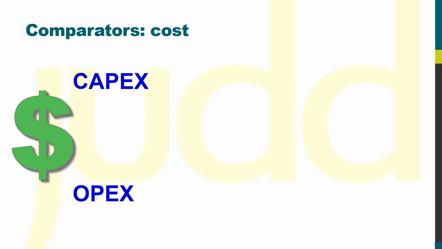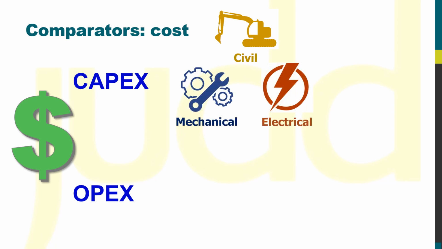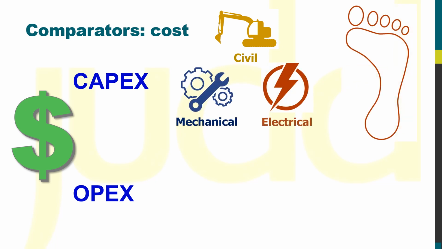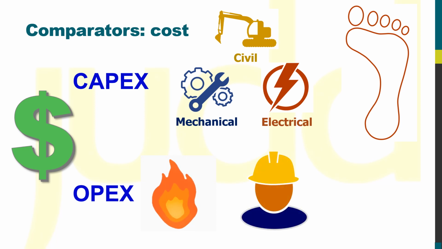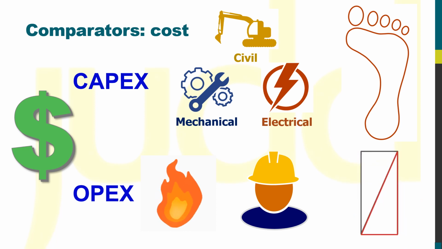CAPEX is made up of a number of components and is influenced by, amongst other things, the plant footprint. That's how much ground area it takes up. The primary contributors to OPEX are energy consumption, staffing requirements, and critical component replacement, most importantly, the membrane in the case of the MBR. Some of these are too complex to allow a rapid appraisal, but let's look at purification, footprint, and energy.